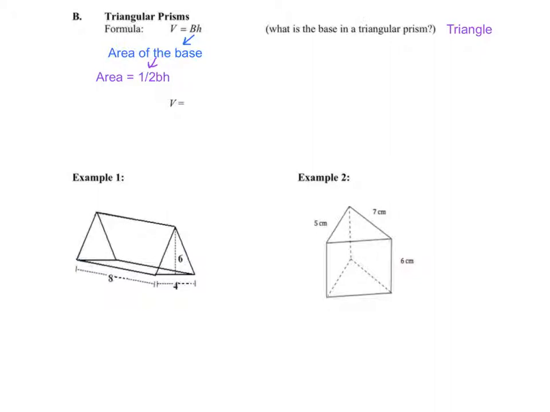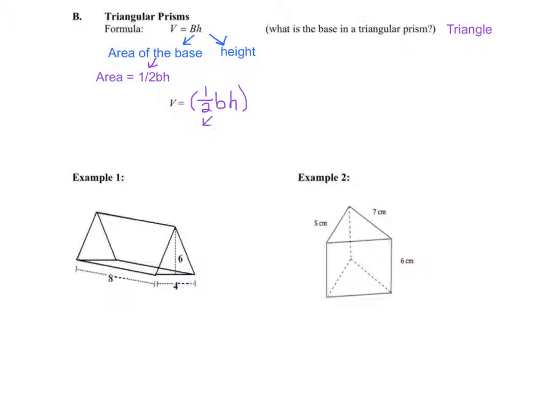Okay, and our H represents the height of the three-dimensional figure. So our H stands for our height. Therefore, to find the volume of our triangular prism, you are going to multiply the area of the base, which is the triangle, which is 1/2 base times height.